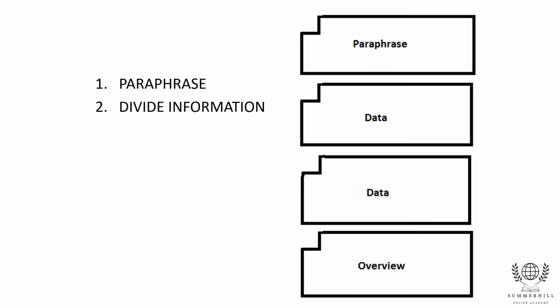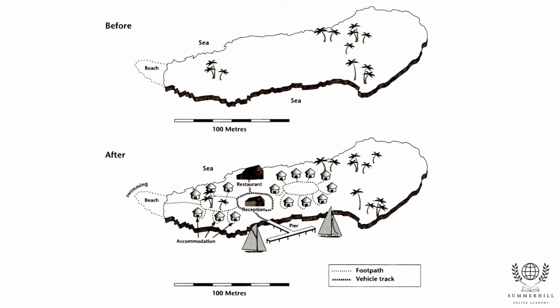Step 2, it's time to divide information. It is rare to see a map when it's just a single map, although it does happen. And if we just have a single map, then maybe we want to divide the information of the map by dividing sections of the actual map.